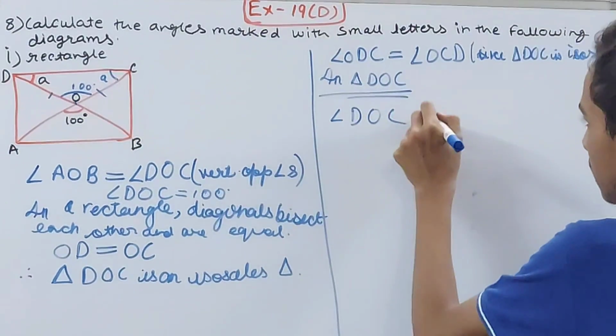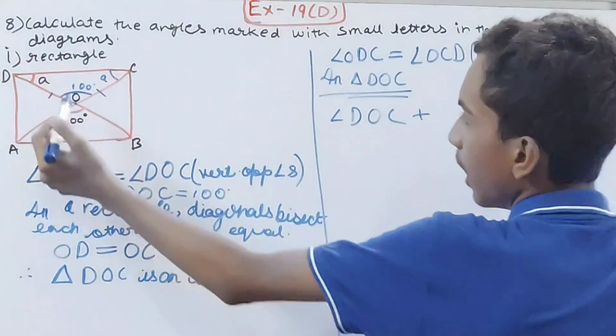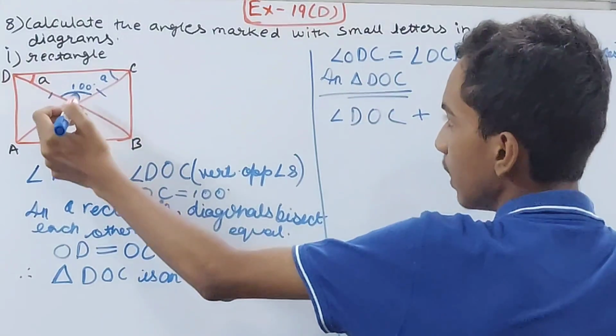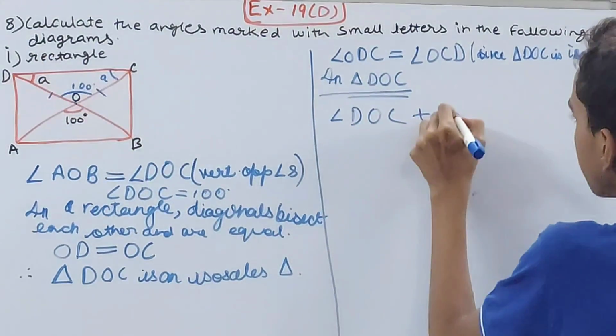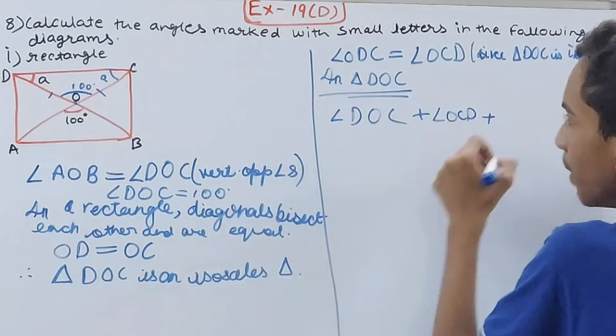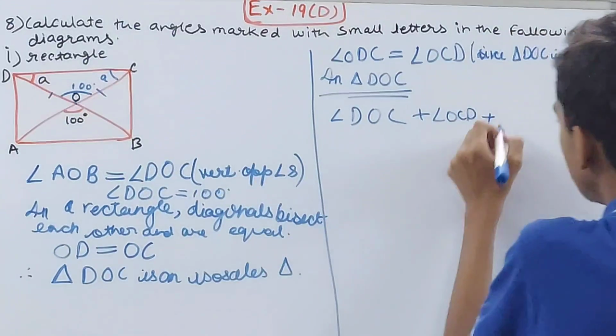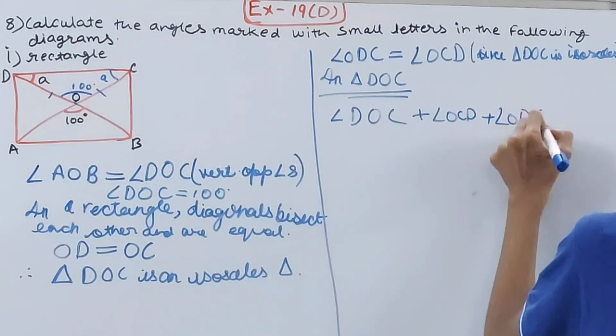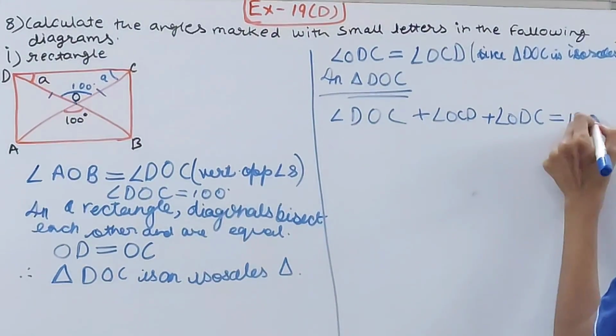So angle DOC plus angle OCD plus angle ODC is equal to 180 degrees.